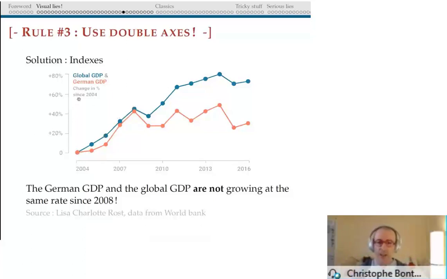That is, well, the GDP of Germany and the global GDP are not growing at the same rate, the rate being measured and plotted here since 2008. And we have a real answer to a problem that was really, really badly designed and led to probably false conclusions.